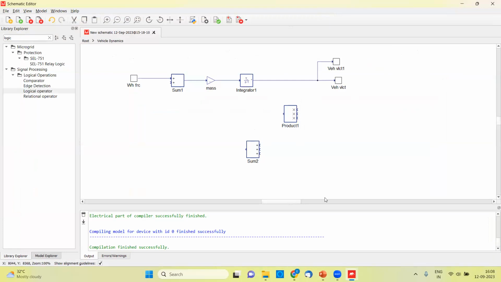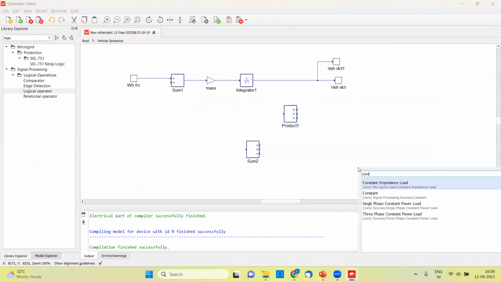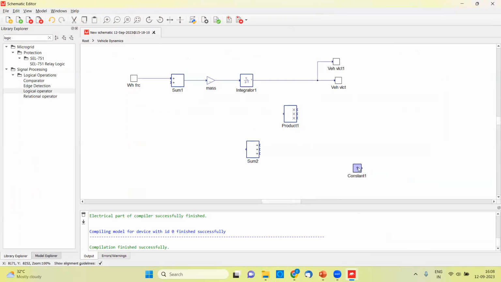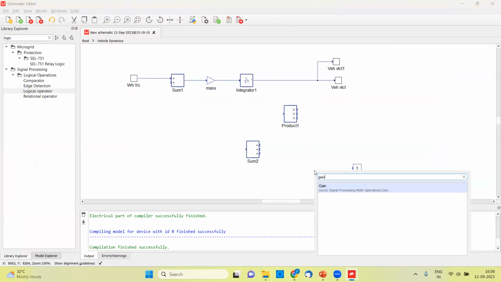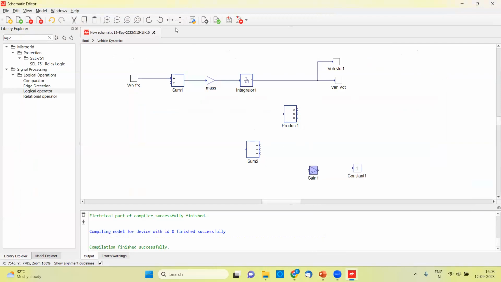So okay, first of all, I'm going to take one constant over here, and over here I am providing one gain. And I'm just simply connecting it with this sum block, number 3rd.